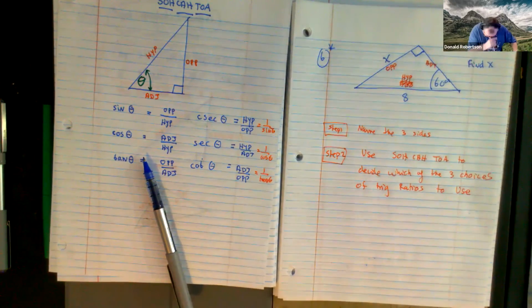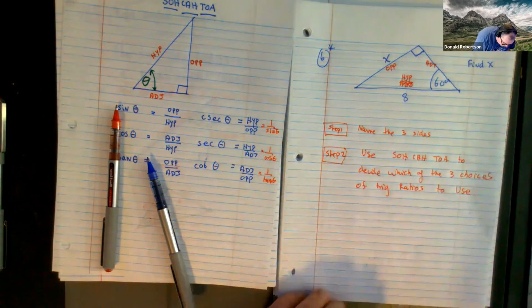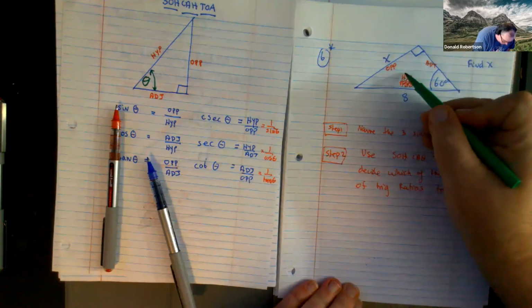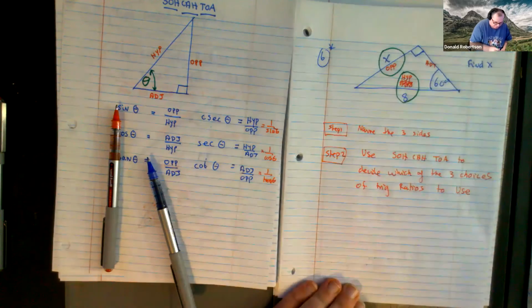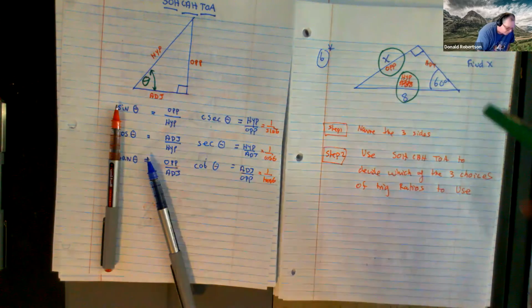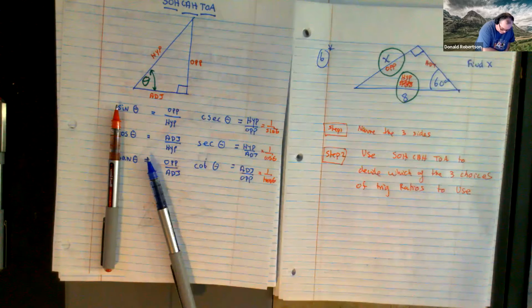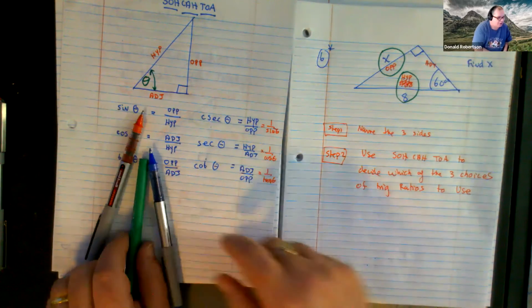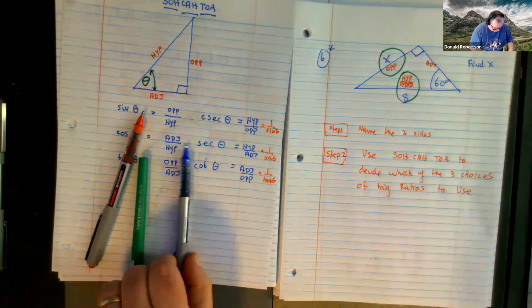Now, if you look at the question that I've just done here, I know the hypotenuse and I want to find X. So the 2 sides that are going to be important are the ones that you know and the ones you're trying to find. Now, that is opposite and hypotenuse. In SOHCAHTOA, which one of those 3 uses the opposite and the hypotenuse in it? Sine.